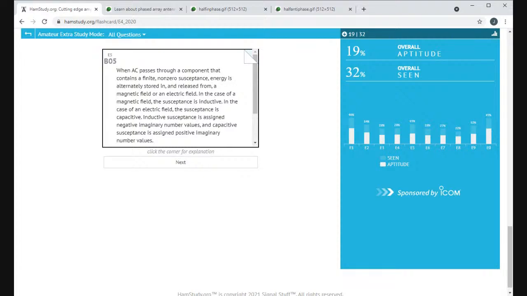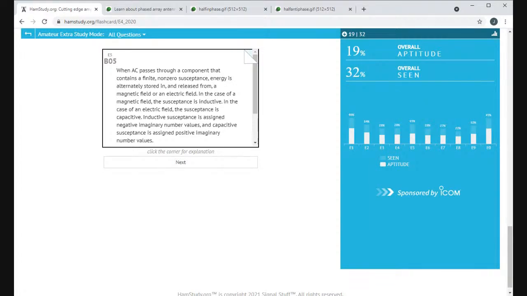When AC passes through a component that contains a finite, non-zero susceptance, energy is alternately stored in and released from a magnetic or electric field. In the case of a magnetic field, the susceptance is inductive.